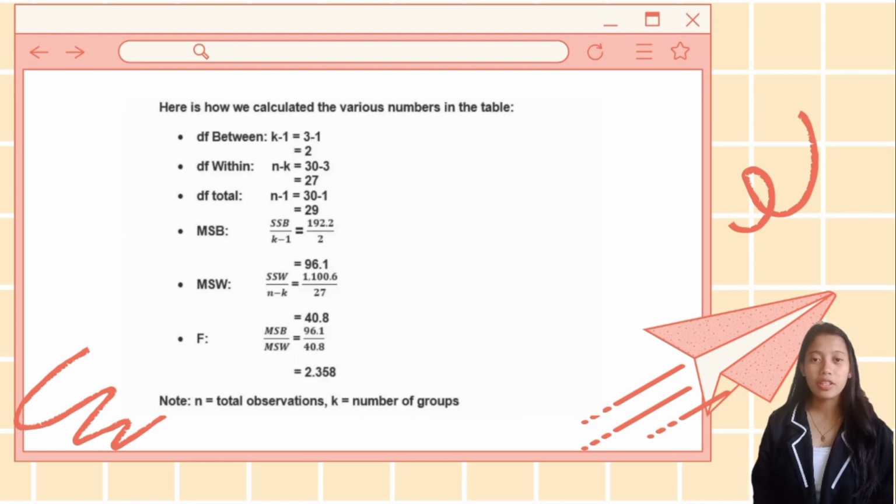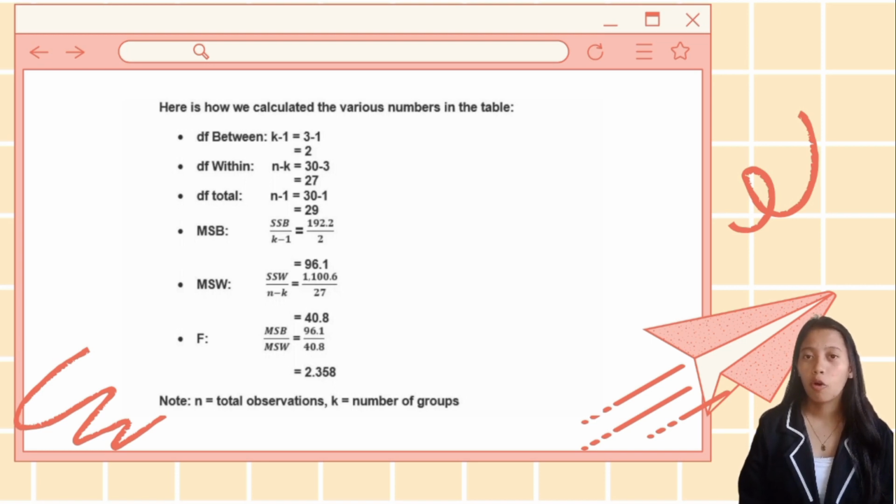Before that, kindly take note that N is our total observations and K is our number of groups. We have 30 participants, 30 students who participated in the study. So our K is 3 because we have 3 groups.